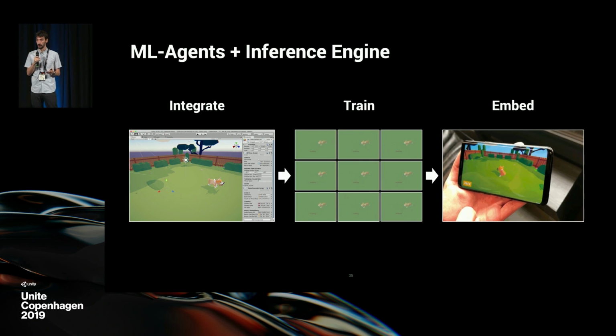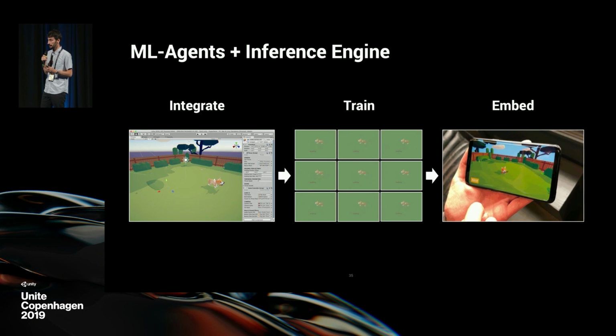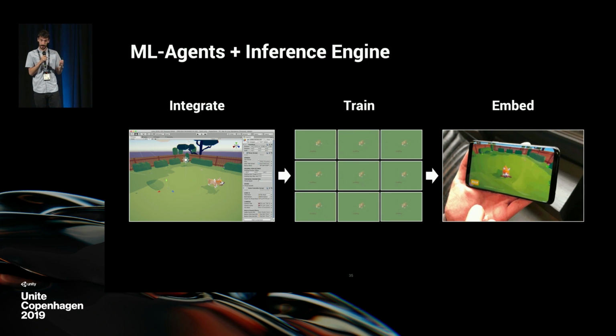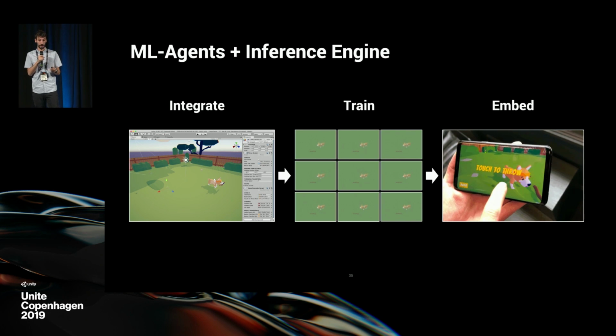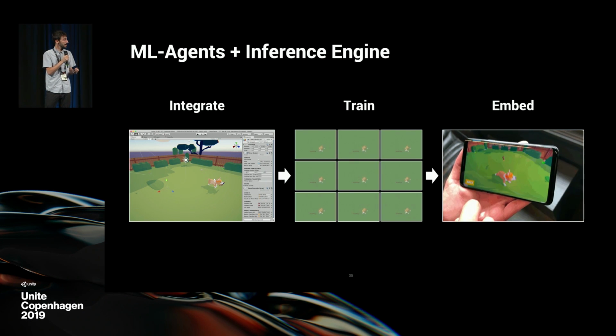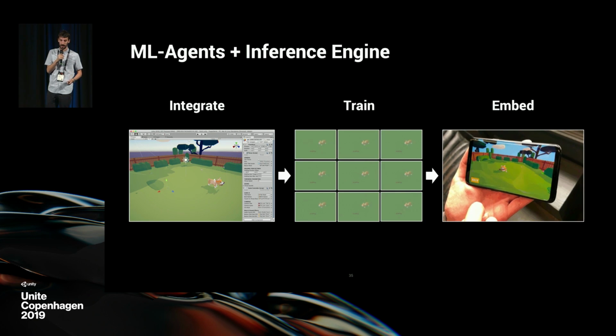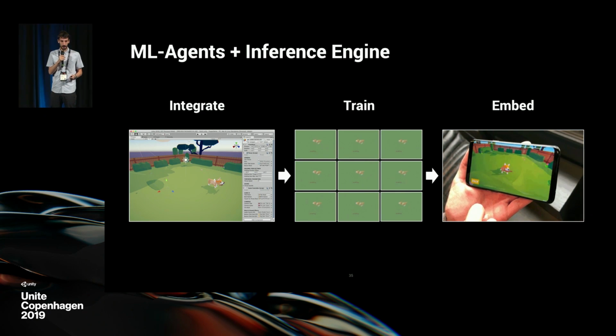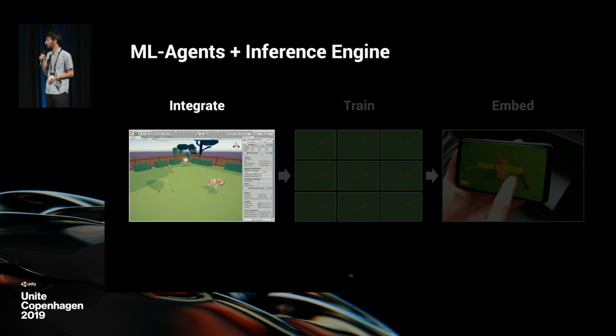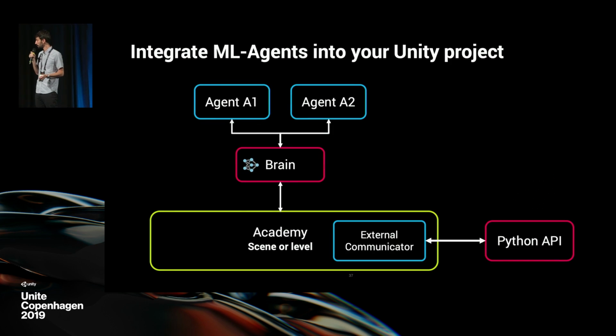And then once the behavior is learned, once the policy has been created, you can take this policy and put it into your game, into your application, embed it into the game, and just deploy it on any platform you want.